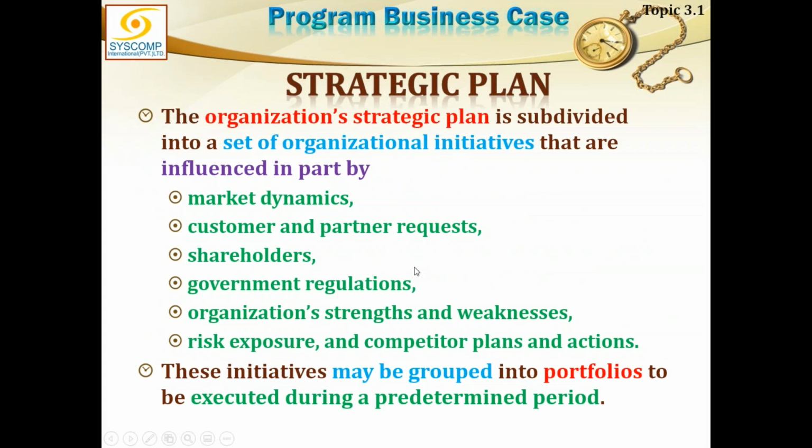The organizational strategic plan is subdivided into a set of organizational initiatives, and those organizational initiatives could be influenced, in part, by market research, customer and partner demand, stakeholders, government regulations, organizational strengths and weaknesses, business behavior, and competitors' plans and actions.